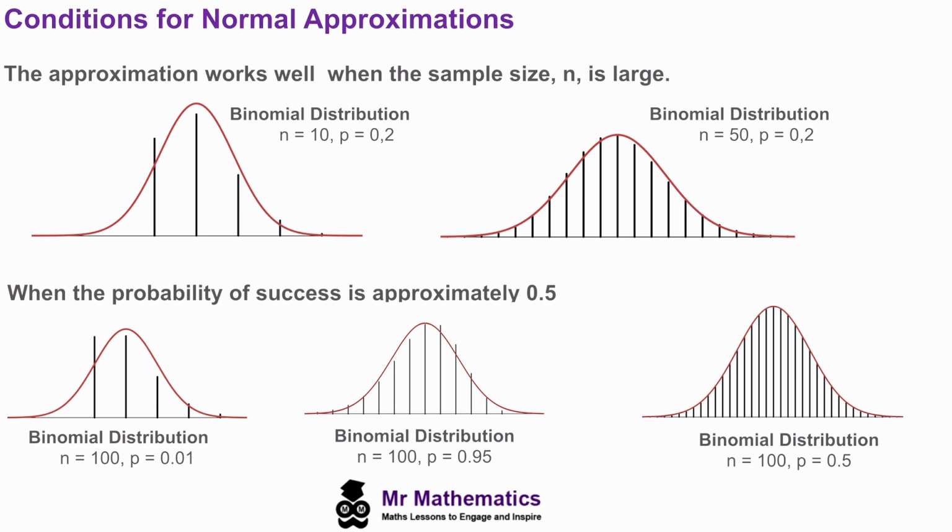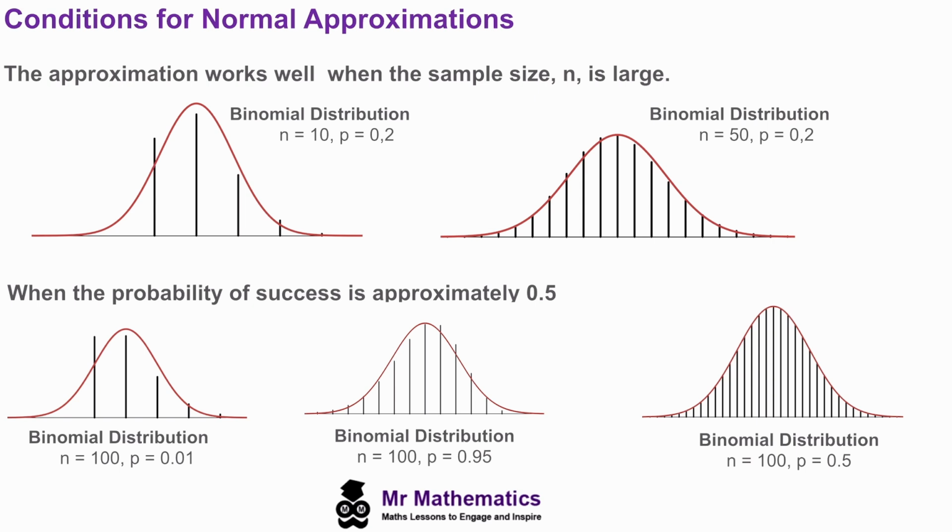But in our third example, if the probability is 0.5 and we keep to the same number of trials, then you can see there's a much better alignment between the binomial data and the normal distribution. So what this means is, to approximate the binomial distribution using the normal distribution, we need a large sample size and a probability of approximately 0.5.